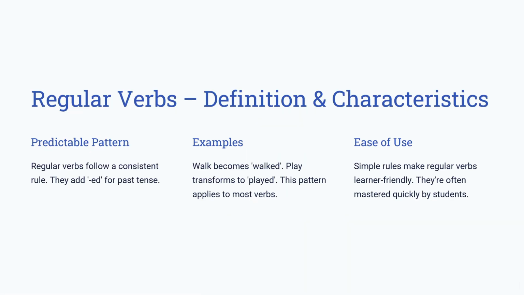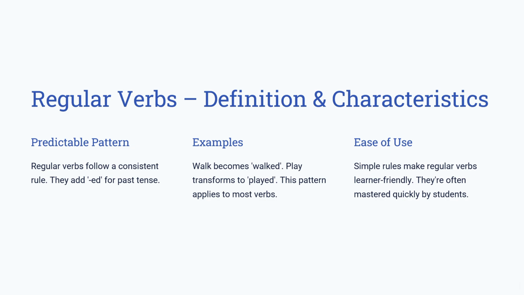Okay, so let's take a closer look at regular verbs. Regular verbs are quite straightforward because they follow a predictable pattern when forming their past tense and past participles. To change a regular verb into the past tense, we simply add ed to the base form. For example, the verb walk becomes walked in the past tense and play turns into played.